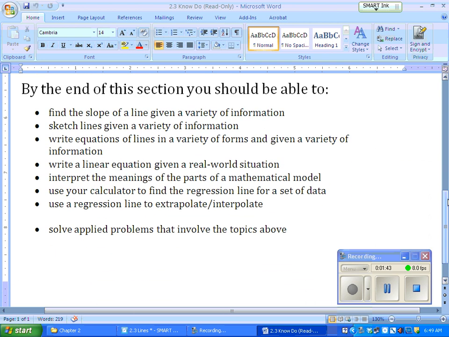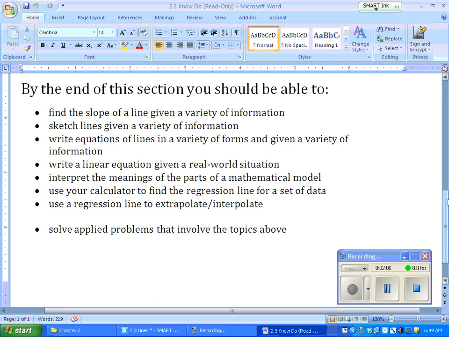By the end of this section, these are the skills you should have, the tasks you should be able to accomplish. They include finding the slope of a line, given a variety of information. You'd be able to sketch the graphs of lines. You should be able to write equations of lines, write equations from real-world situations, and interpret the meanings of the parts of a mathematical model.